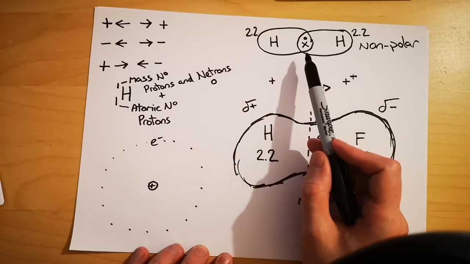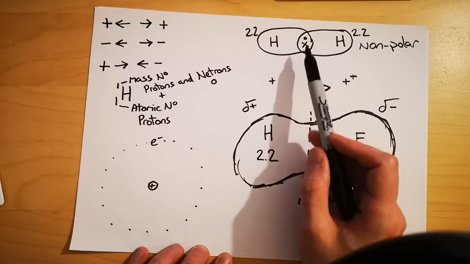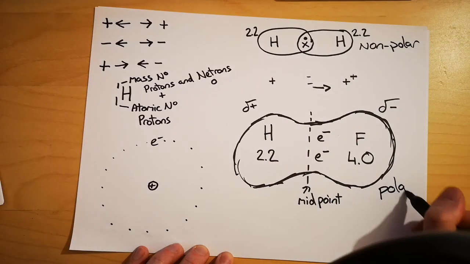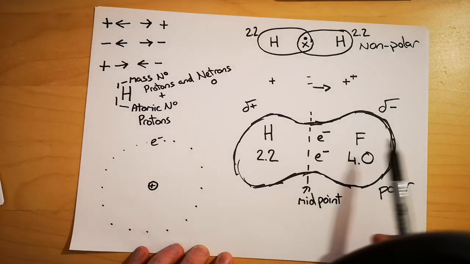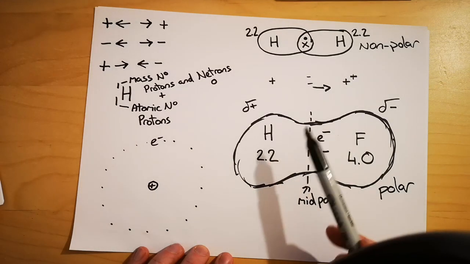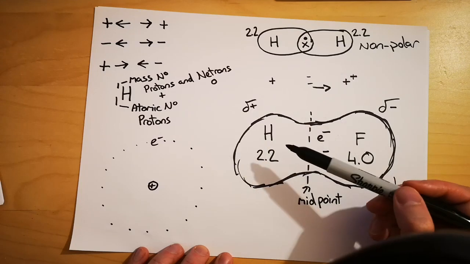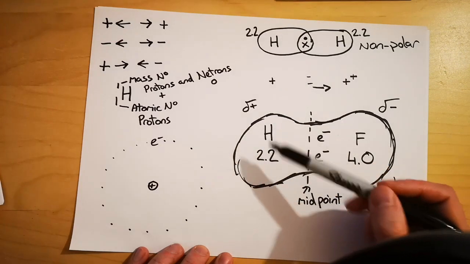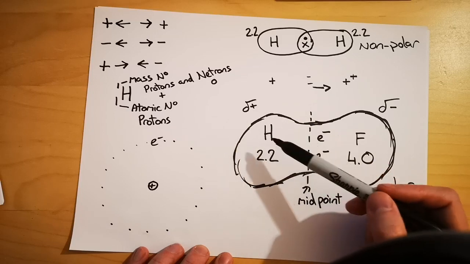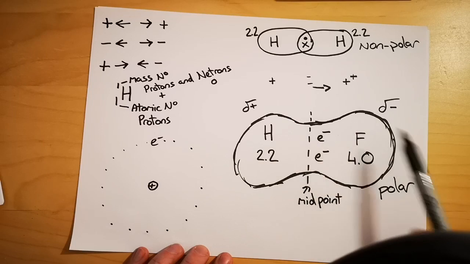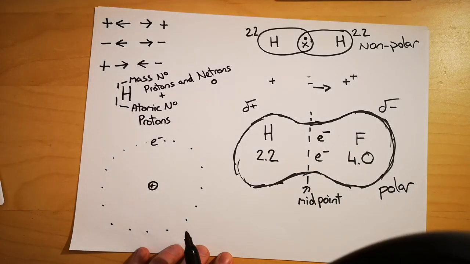The electrons are shared equally in the center. This one would be polar, and we have formed the same type of bond, so it's a covalent bond, the sharing of electrons, and we've got our hydrogen here, which is just not quite as good at pulling electrons towards it as the fluorine is.